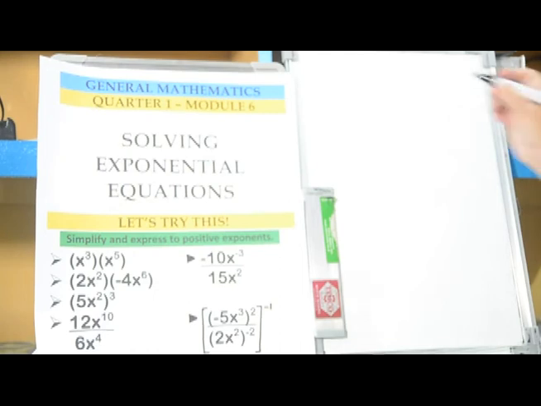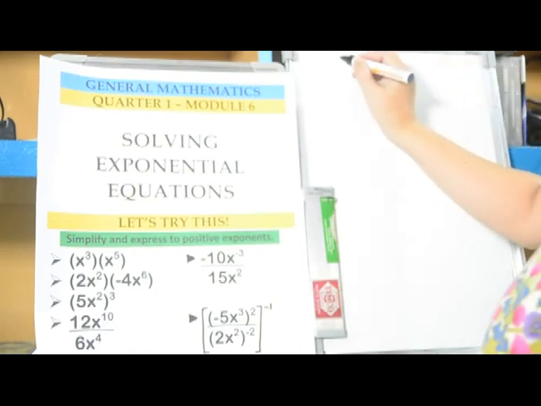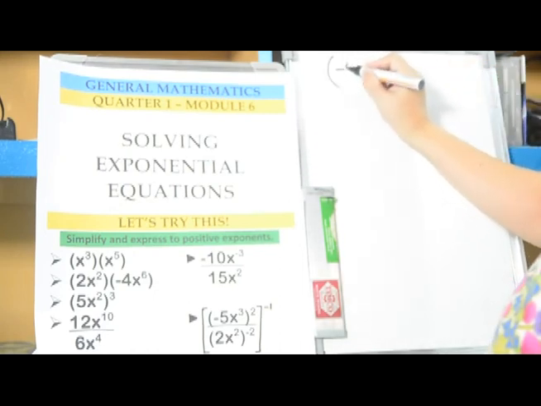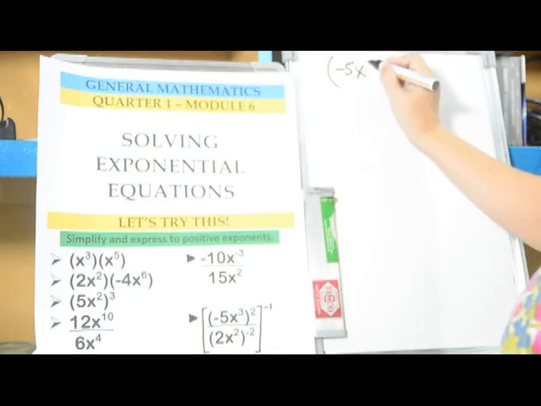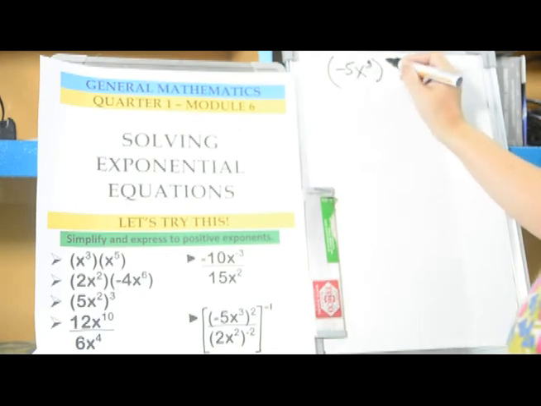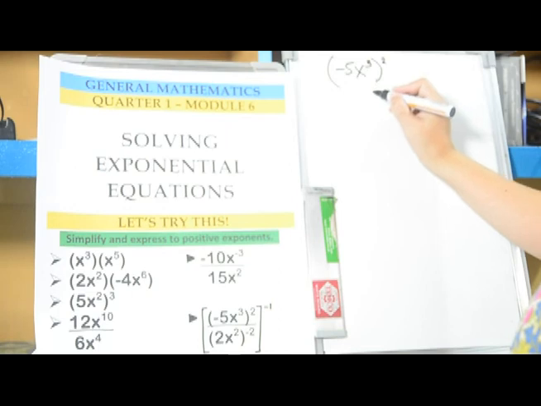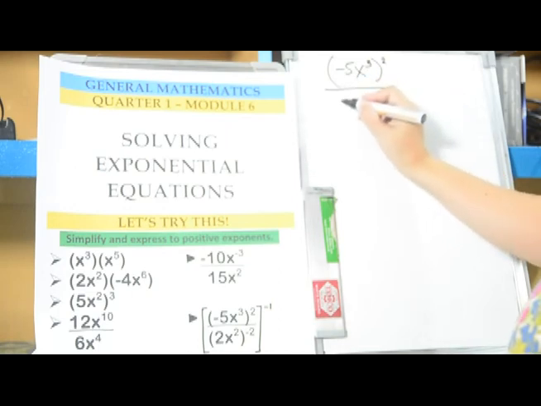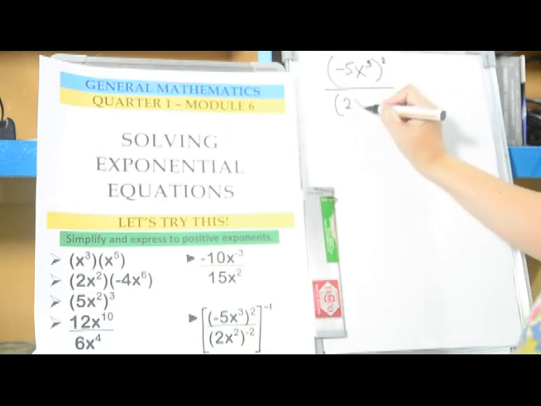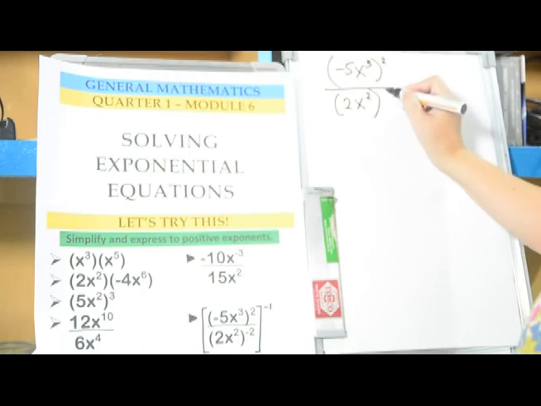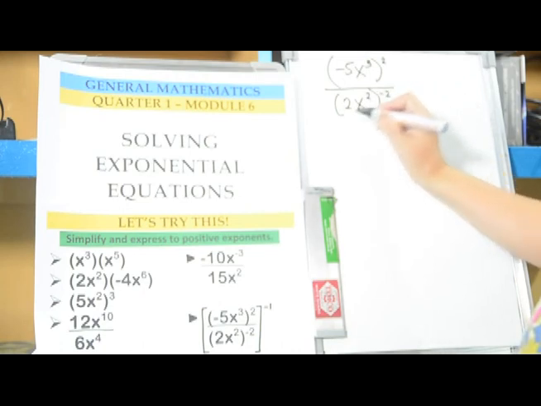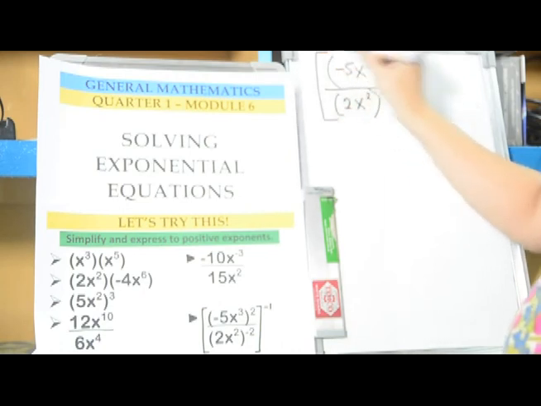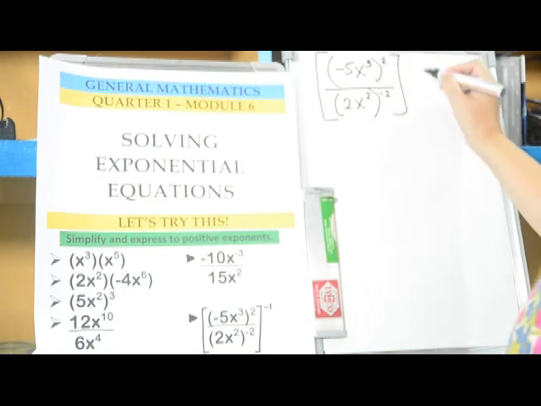So for the last example, we have here negative 5x cubed all over raised to the power of 2 all over 2x squared raised to the power of negative 2, and everything is being raised to the negative 1.